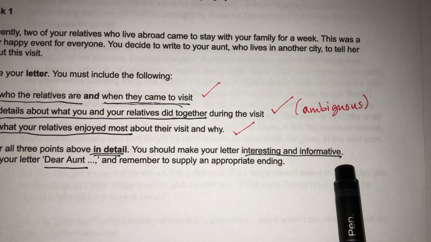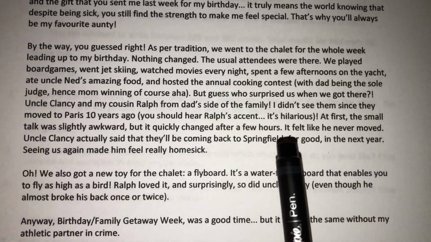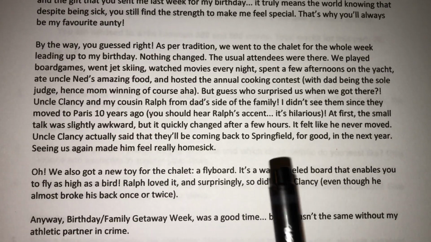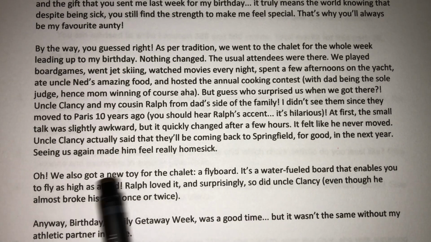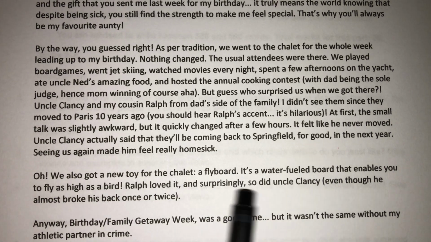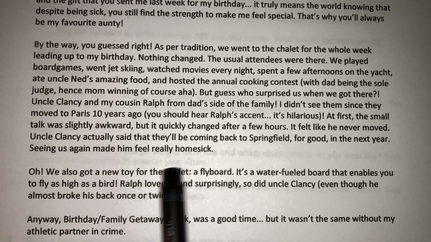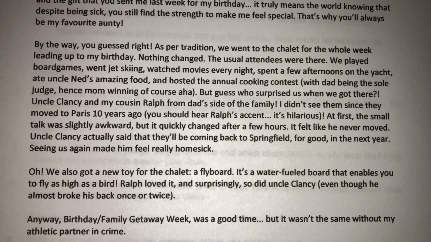Informative, I believe that it is informative because here, or maybe not, again, this one I'm iffy about the informative part, but I added information about a flyboard. And you may ask, where did I pull this information from? It's because I like activities.